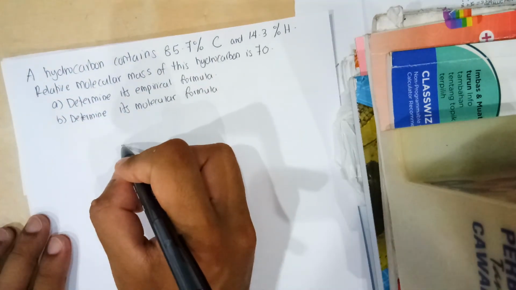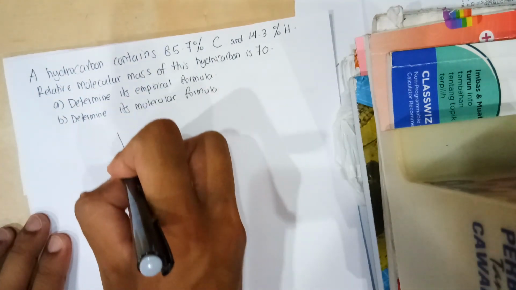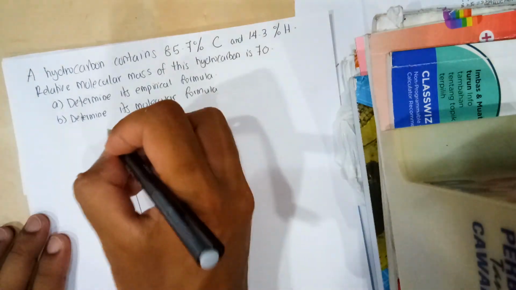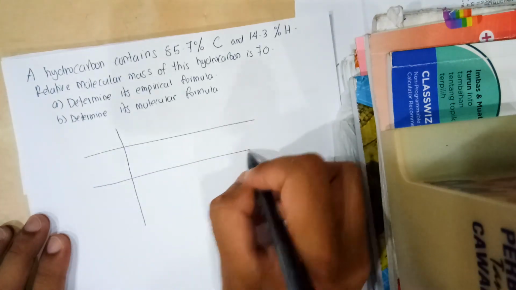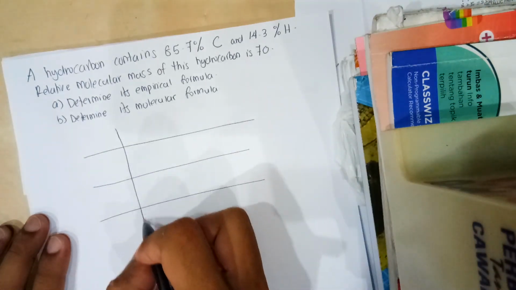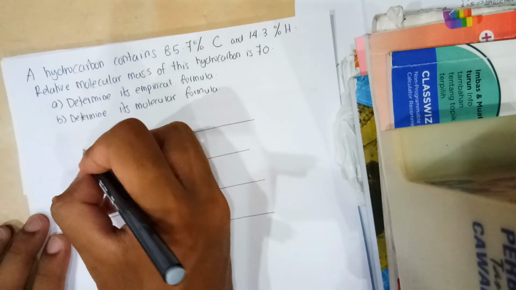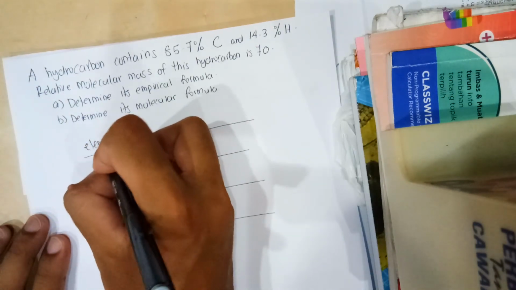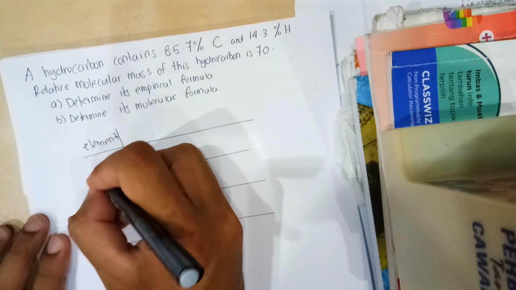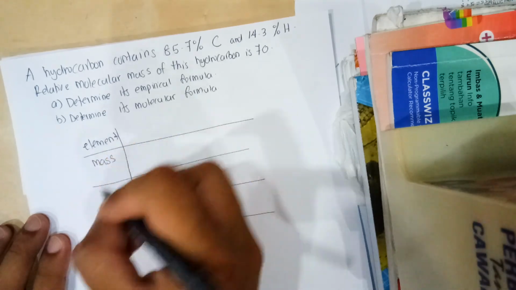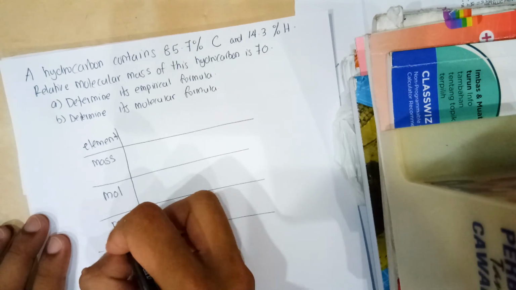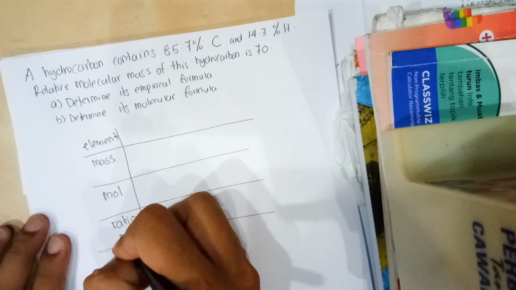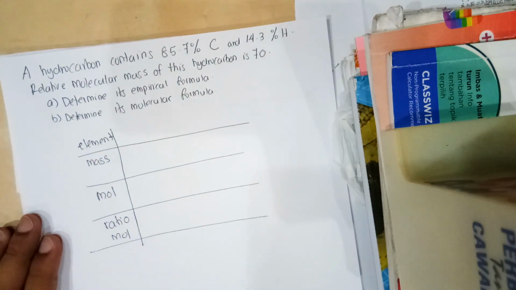You should have the table, which has 4 rows: the first row is element, the second row is mass, the third row is mole, and the last one is ratio mole.